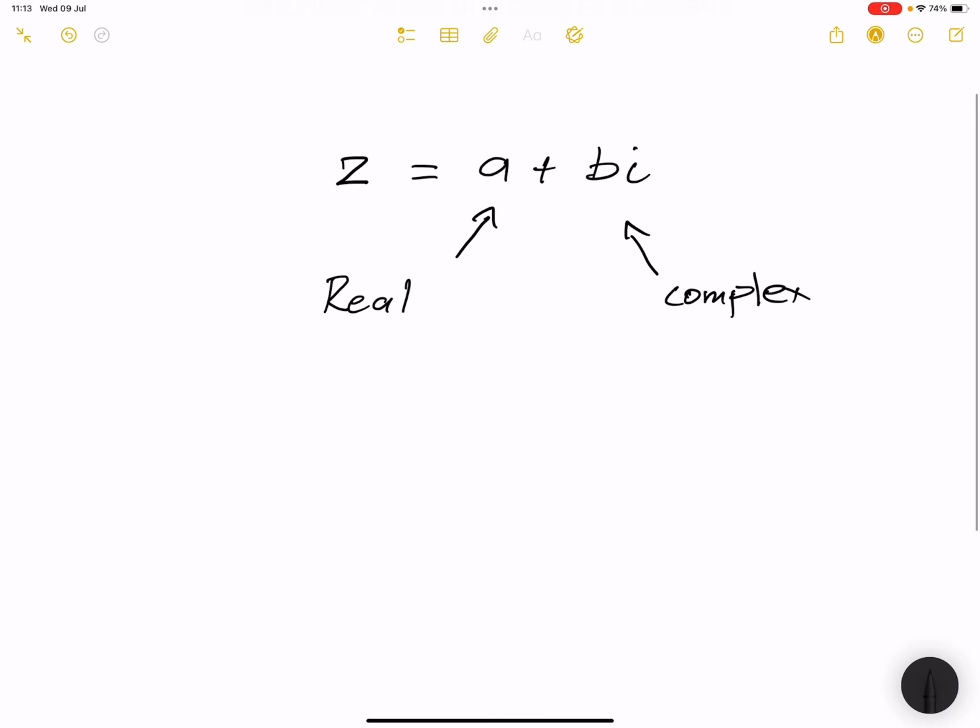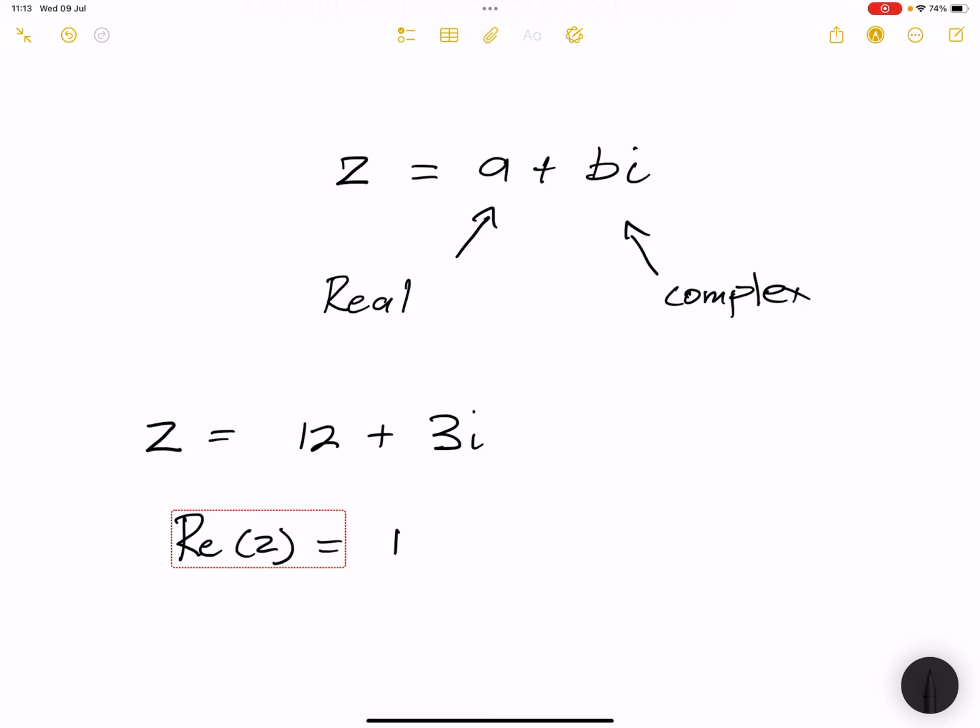We know that it is the square root of -1. So if I've got, let's say, any complex number z equal to 12 plus 3i, we say that the real part of z is equal to 12, and the imaginary part of z is equal to, now we only look at the coefficient, so in this case a positive 3.